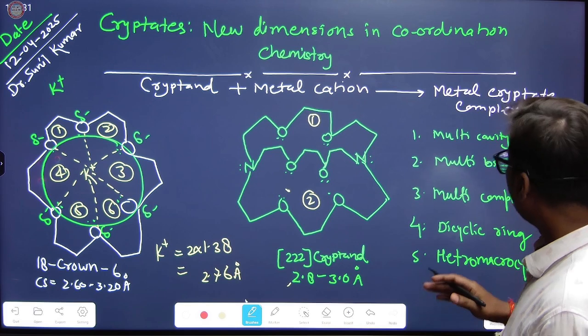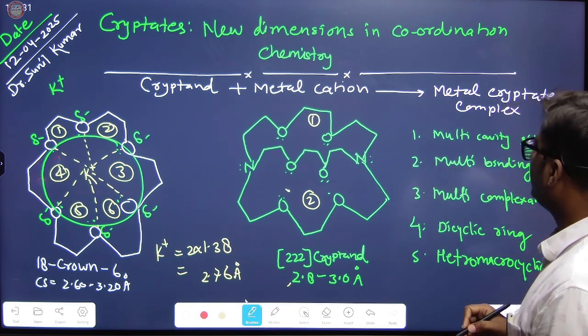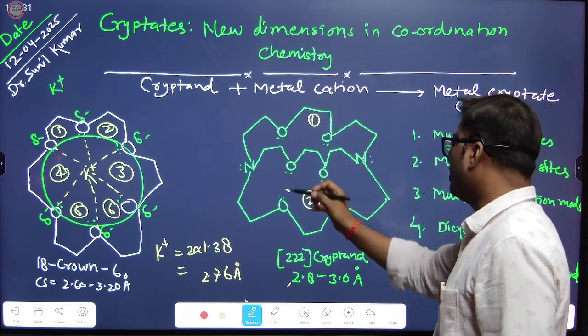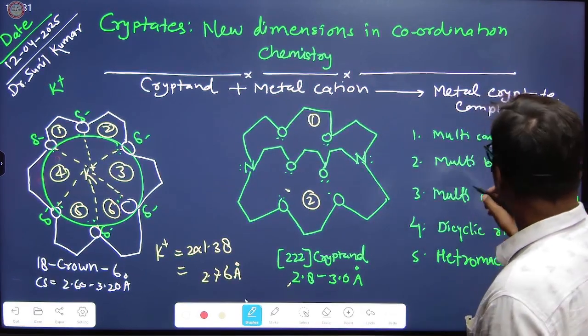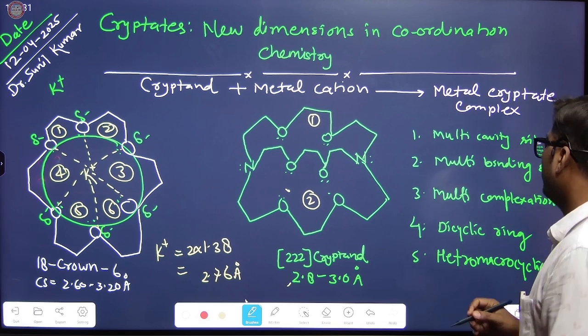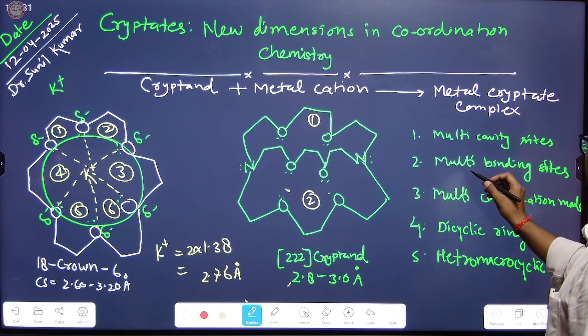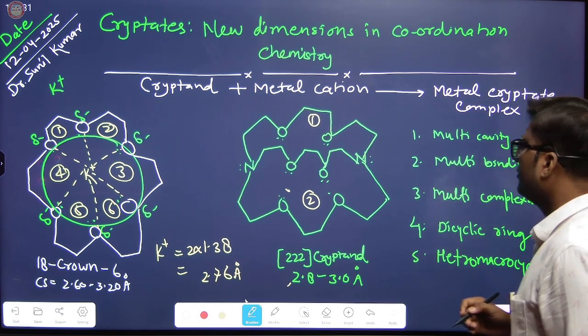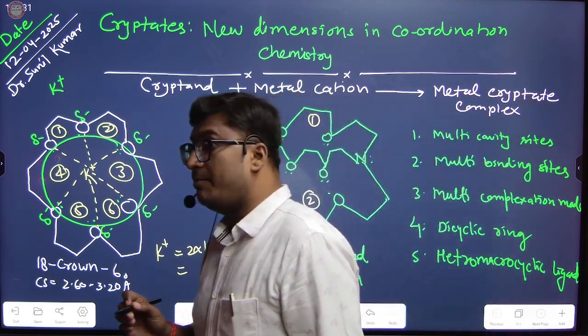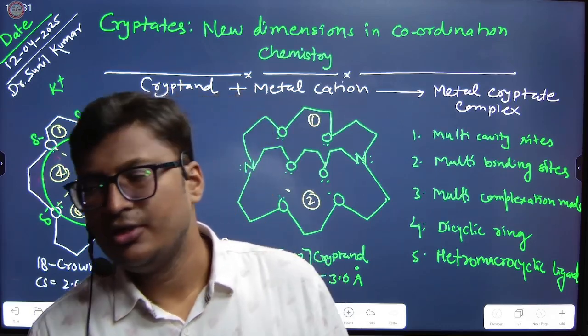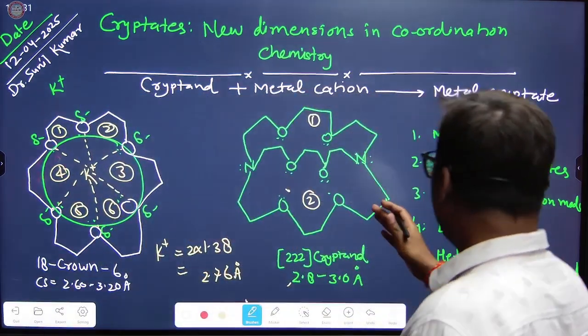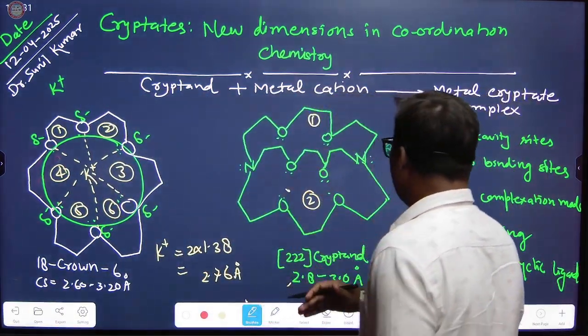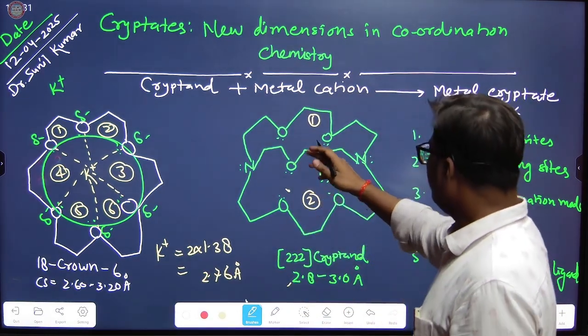So such types of structures consist of multi-cavity sites, right? And the second one is multi-binding sites. So it has multi-binding sites. And what sorts of binding sites are present in this structure? That can be seen clearly here.